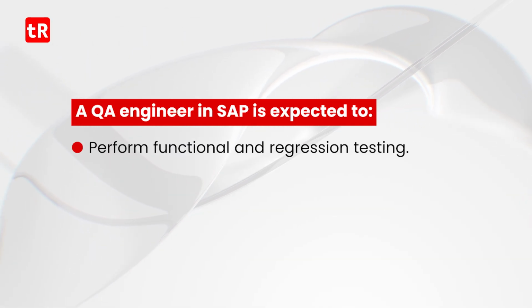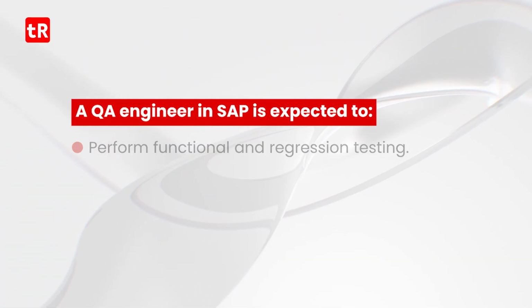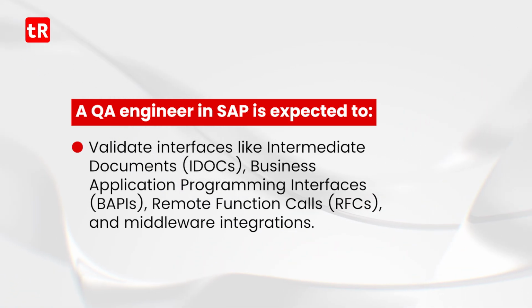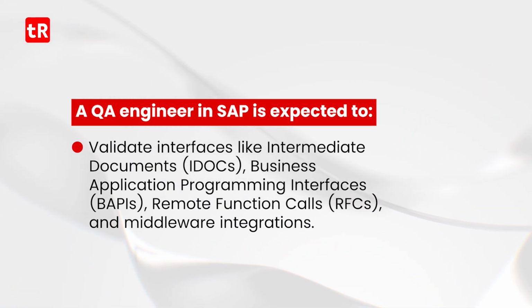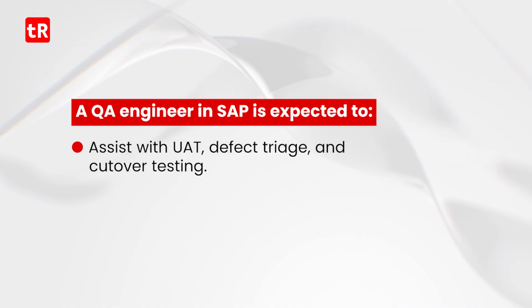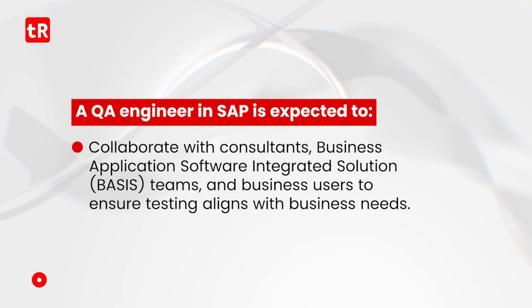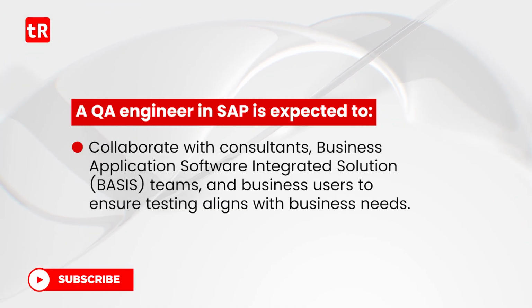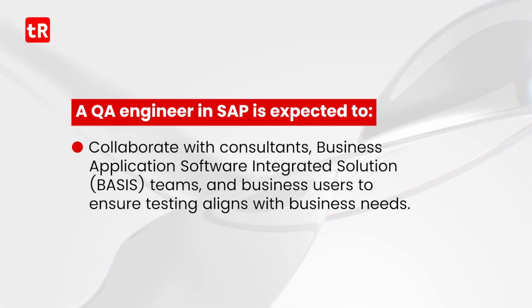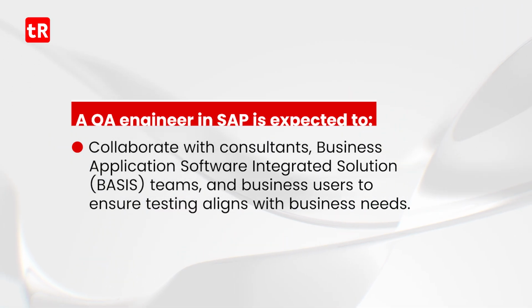They must also perform functional and regression testing and validate interfaces like intermediate documents, business application programming interfaces, remote function calls, and middleware integrations. They also have to assist with UAT, defect triage, and cutover testing, collaborating with consultants, business applications software integrated solution teams, and business users, all to ensure testing aligns with business needs.